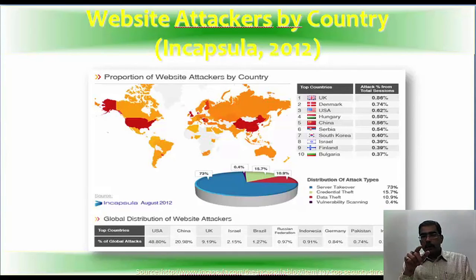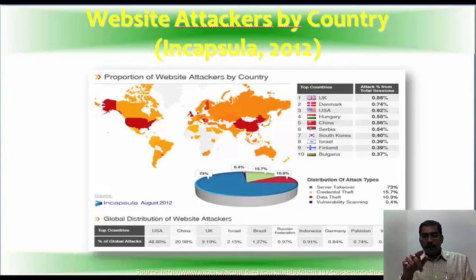Now, website attackers by country, again by Incapsula in 2012. If you see the global distribution of website attackers, USA is 48.8%, and India was 0.74%. We should be ashamed of ourselves.